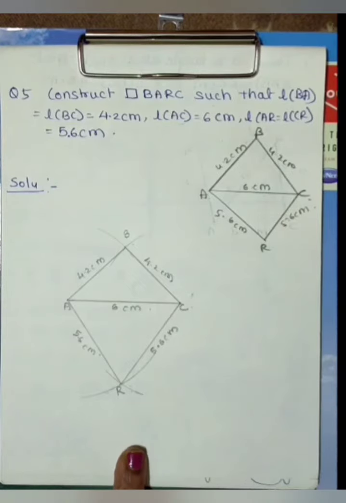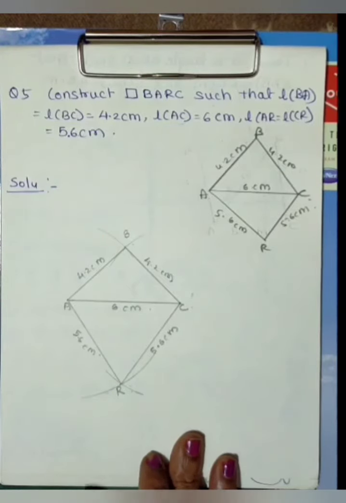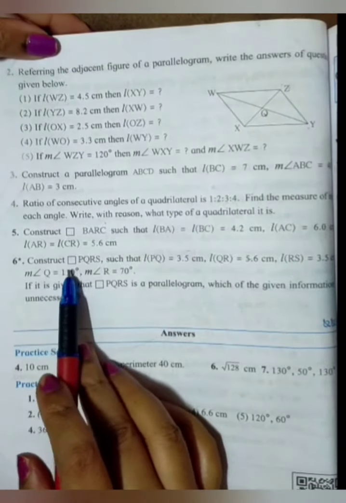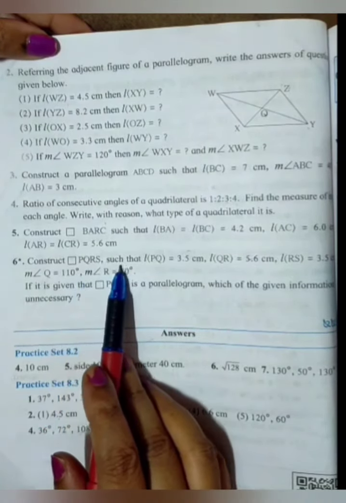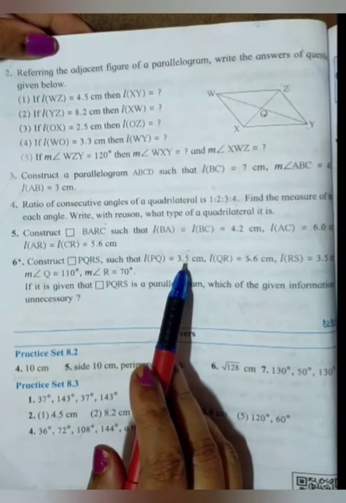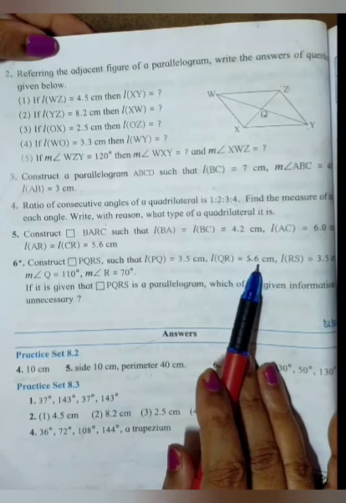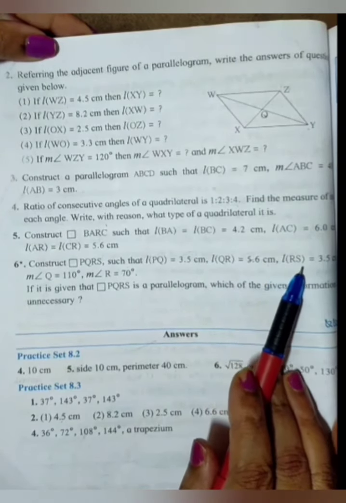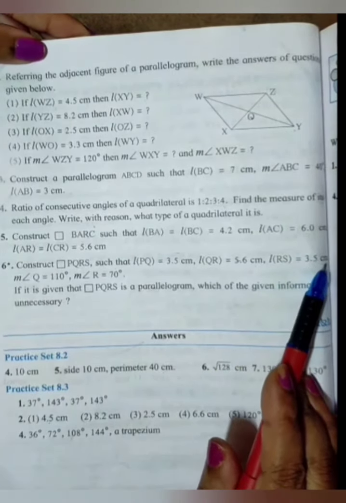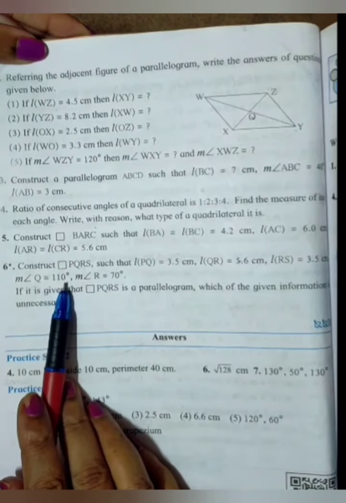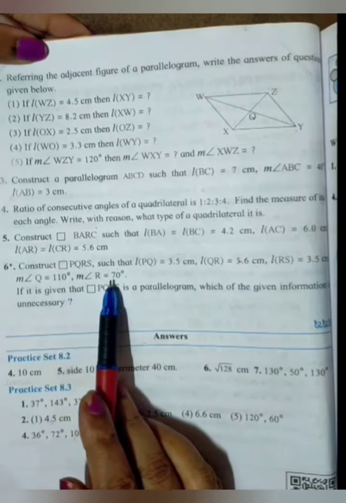Now we are going to solve question number 6 of 8.3. Question number 6 is: construct quadrilateral PQRS such that length of PQ is equal to 3.5 centimeter, length of QR is equal to 5.6 centimeter, and length of RS is equal to 3.5 centimeter. Measure angle Q is 110 degree, and measure angle R is 70 degree.